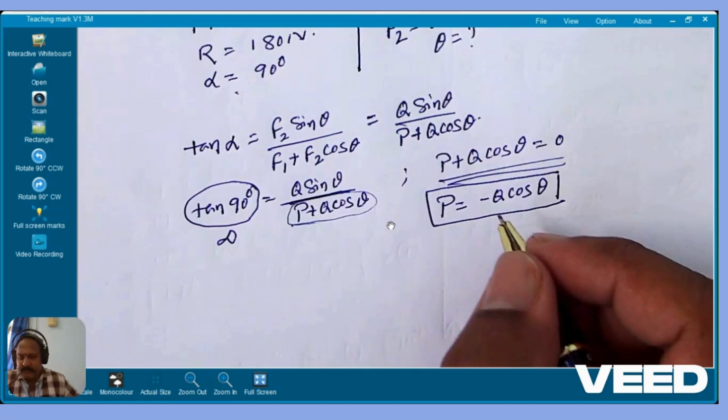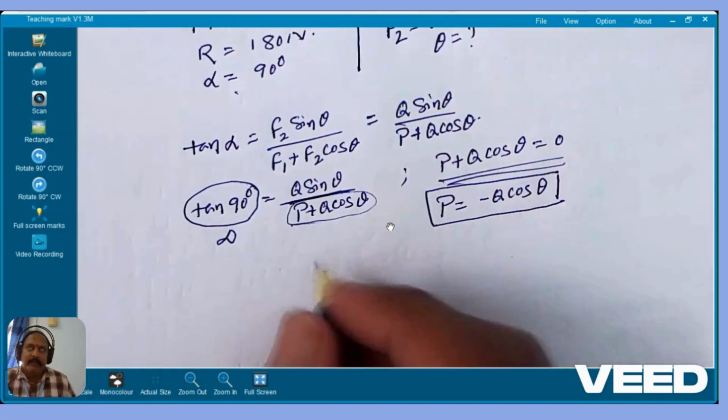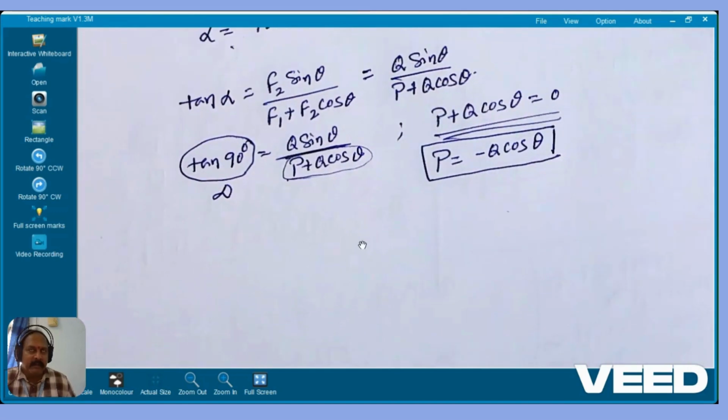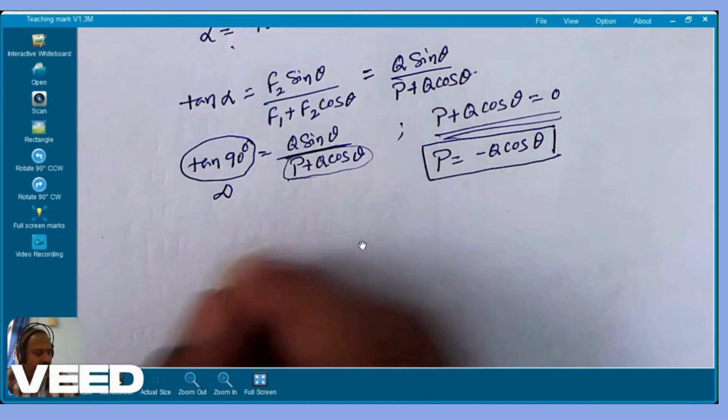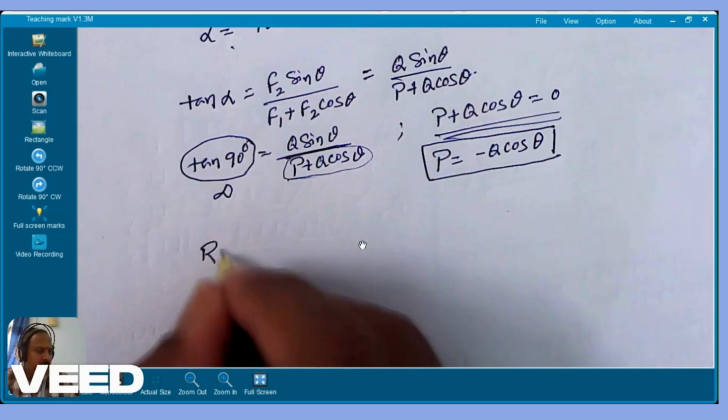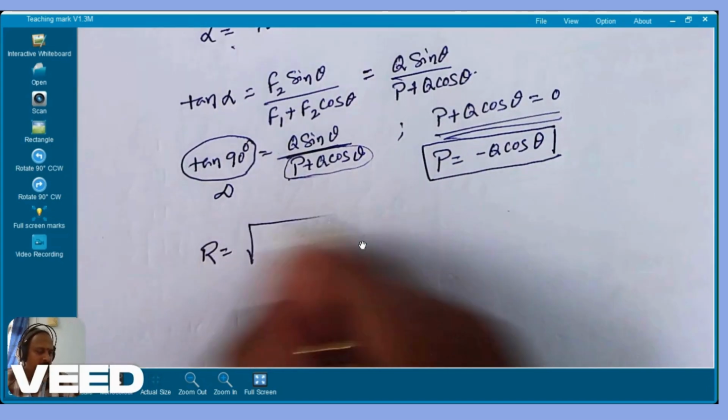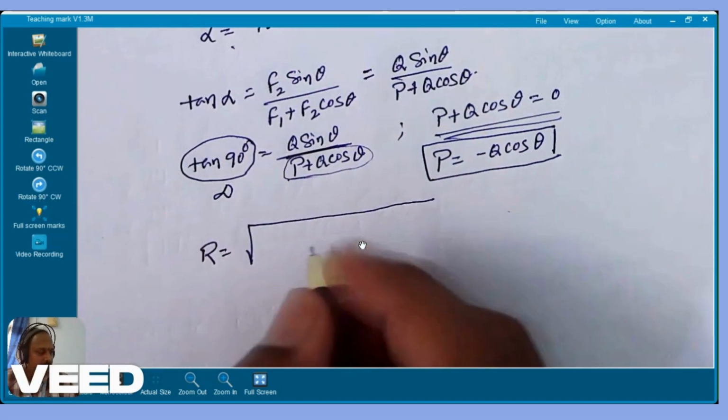Now what we are going to do is put the value of P in the equation for R. You know R is equal to root over of F1 square plus F2 square plus 2 F1 F2 cos theta.